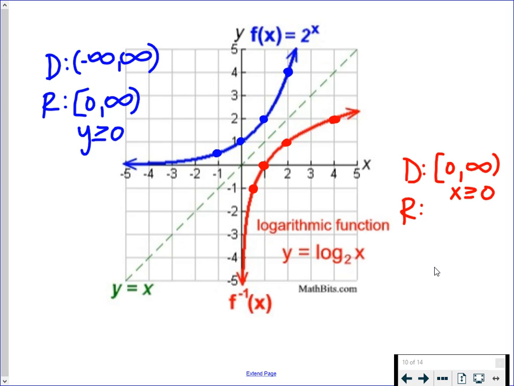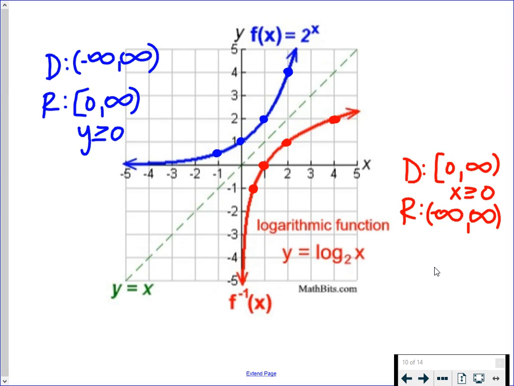And then our range is just going to keep on going up and down, so that's negative infinity to infinity. See how they are inverses of each other. We switch our x and y's, which means we switch our domain and range, and we're reflecting across that y equals x.